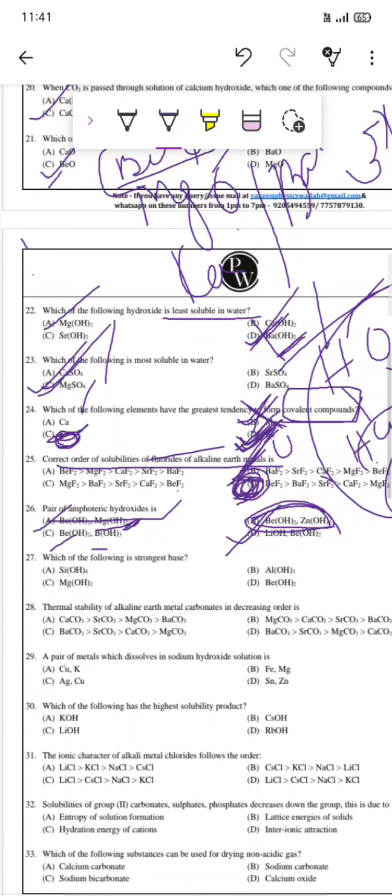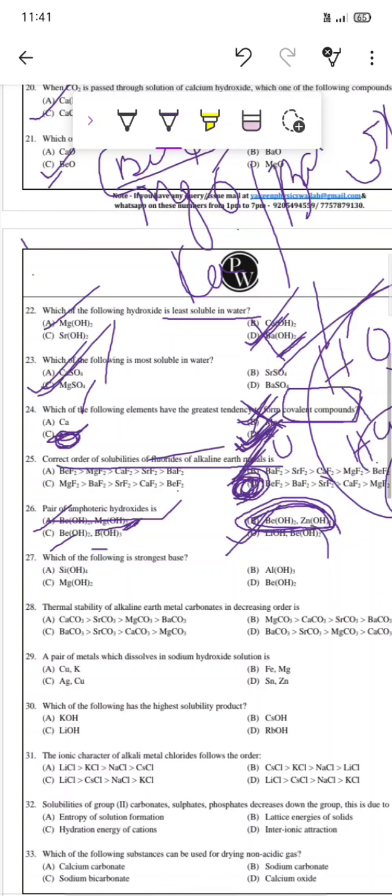Boron also basic. So beryllium hydroxide, we know that it is amphoteric. Zinc. Okay, learn this.